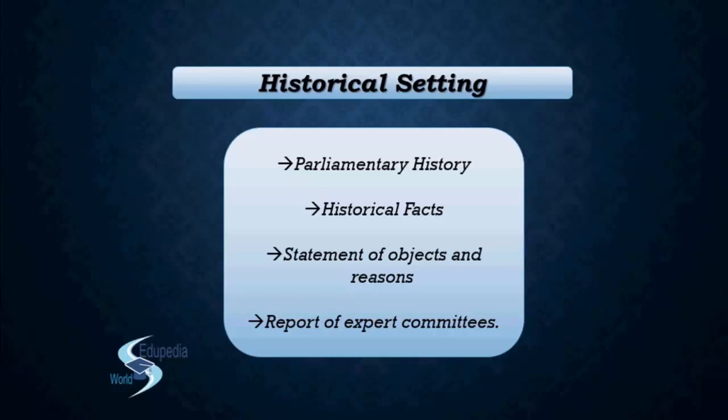But again, so that you're not confused, you have to pay attention to one more point. You have nothing to do with the paper which was placed before the cabinet for the introduction of the bill. Why? Because that is not the final paper that was placed in front of the parliament. So why the cabinet came up with the bill is not important, but why the parliament actually enacted that bill, converted the bill into an act, is important.